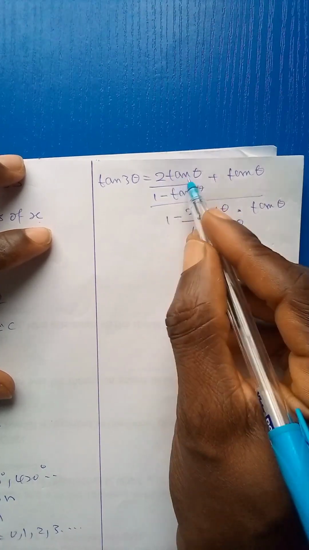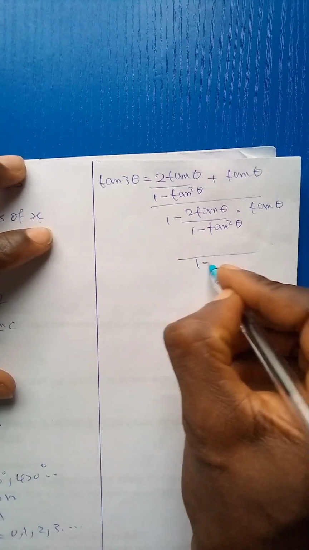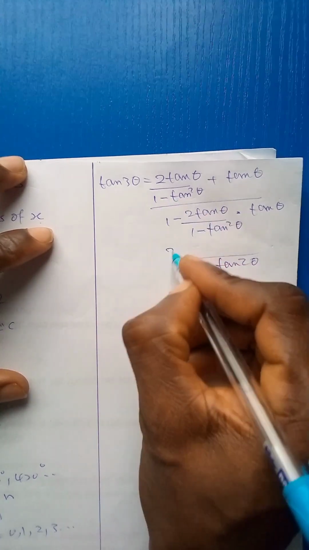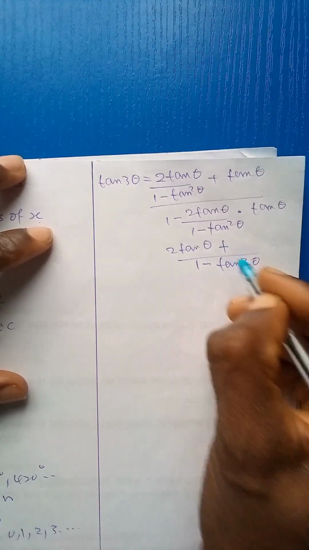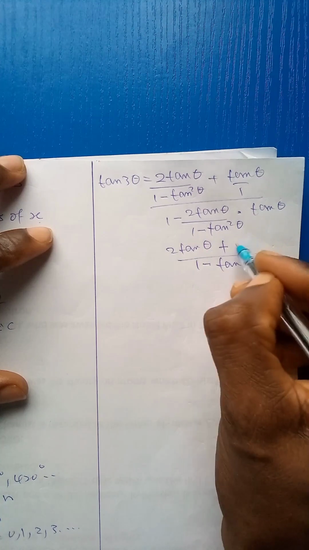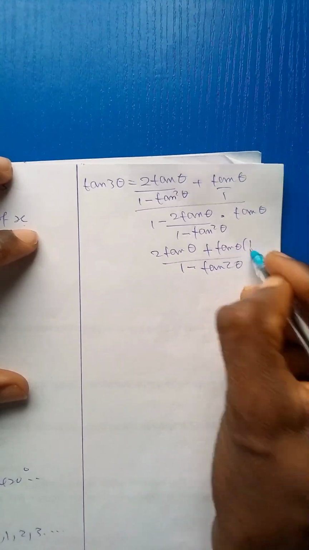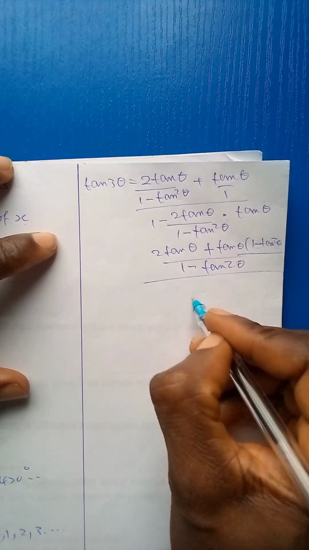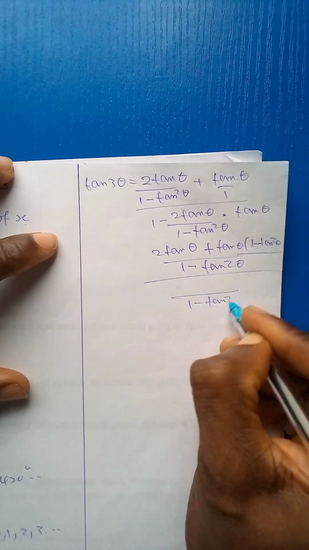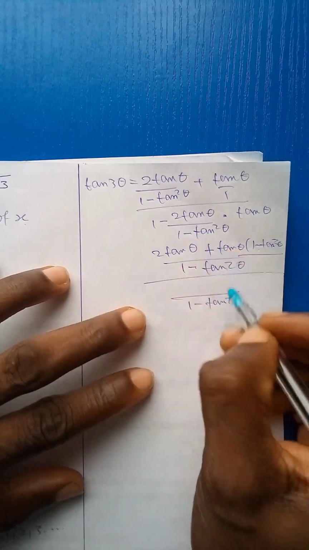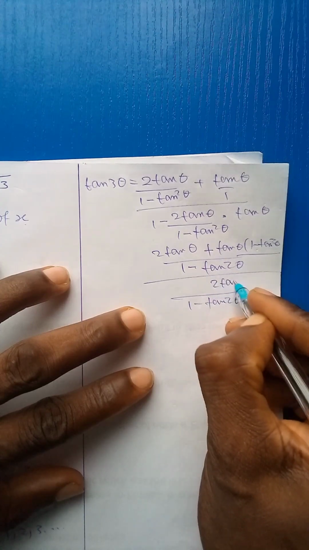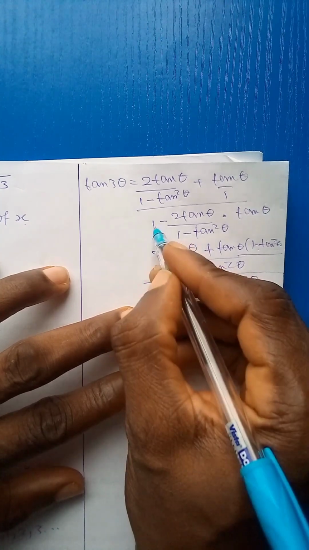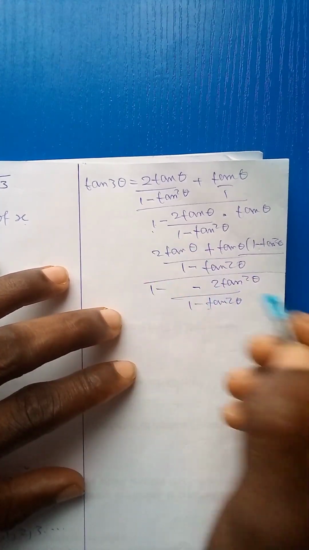I'll take the LCM of this fraction and this fraction, which is 1 minus tan square theta. Now, 1 minus tan square theta divided by this will give us 2 tan theta, plus this divided by 1 will give us tan theta times 1 minus tan square theta, all over. Now the LCM again is 1 minus tan square theta. This divided by this will give us this, that is 2 tan square theta, then minus this divided by 1 will give us this, which is 1 minus tan square theta.